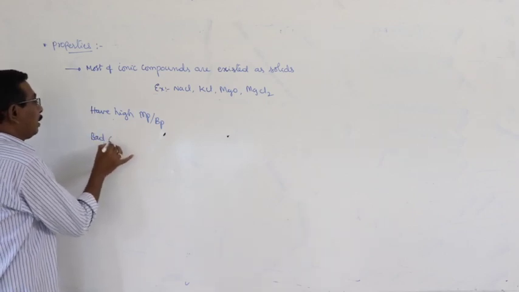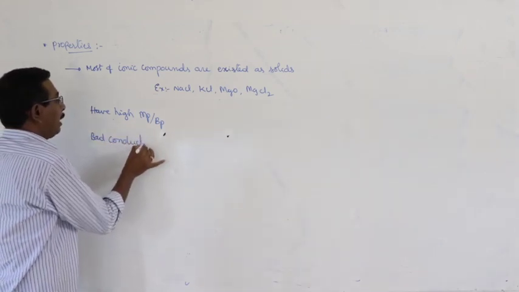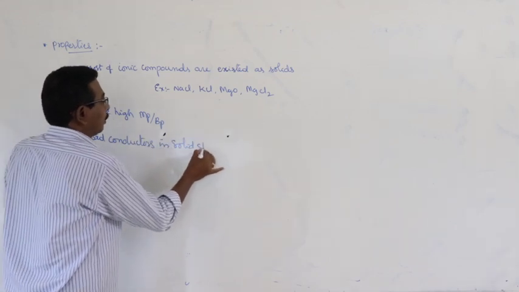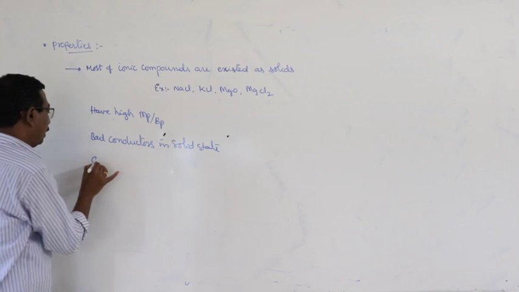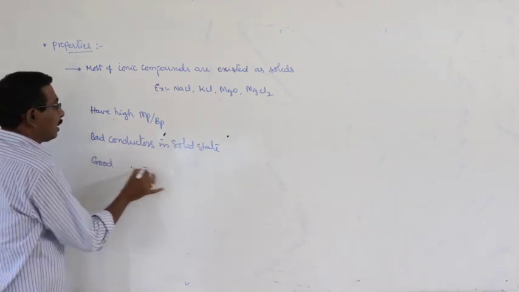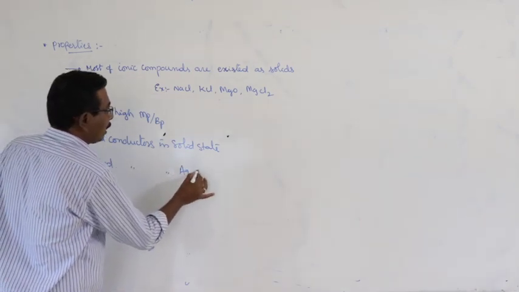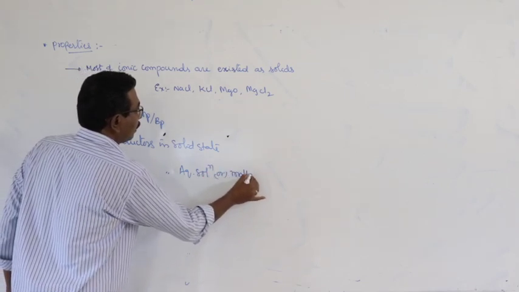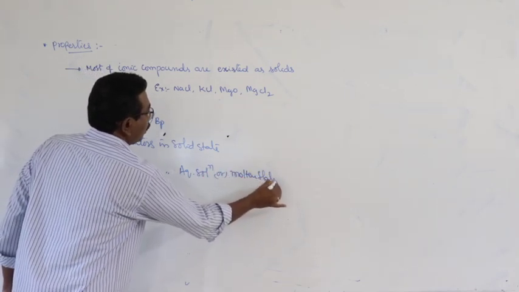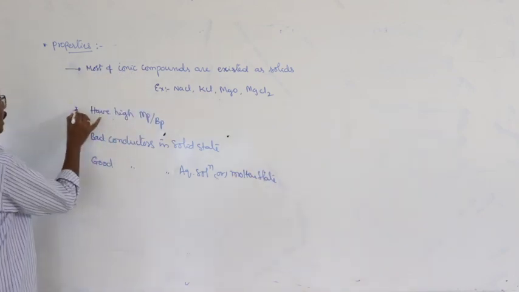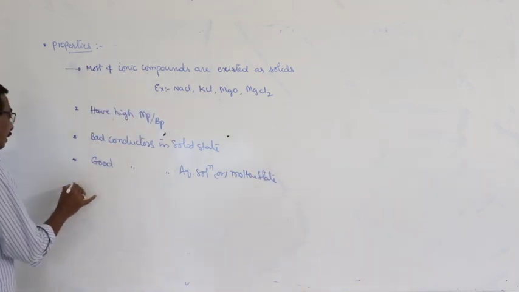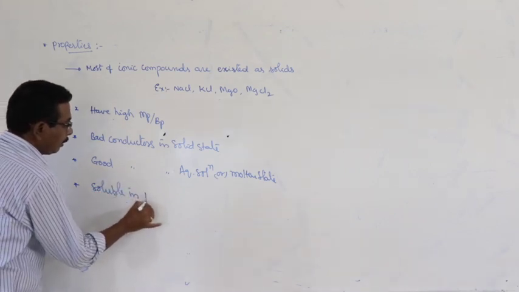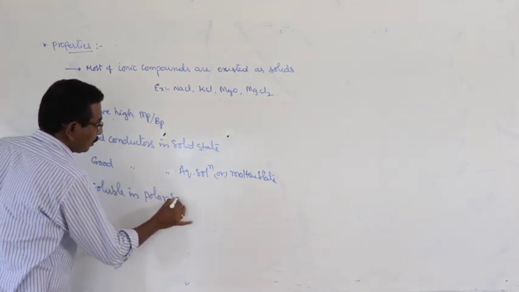Ionic compounds are bad conductors in solid state, but they are good conductors in aqueous solution or molten state. They are soluble in polar solvents.